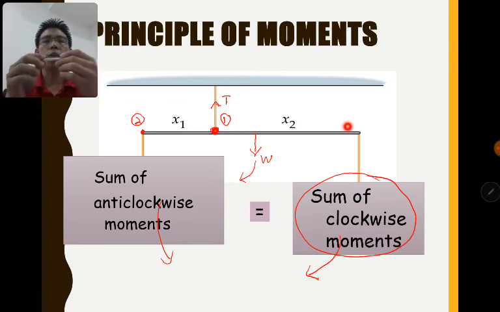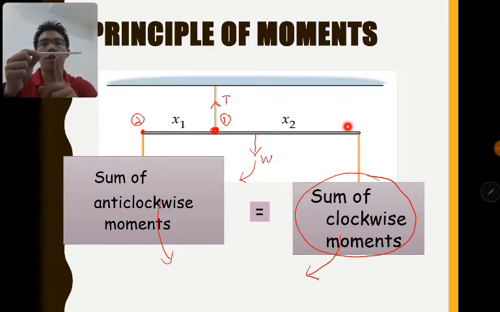Again, you can use a pencil or a small stick to identify the direction of rotation. Tension in this case is pulling this up, whereas the weight of the rod and the thing hanging on the other side cause the opposite direction of rotation. So these two moments should be equal if this is not rotating.